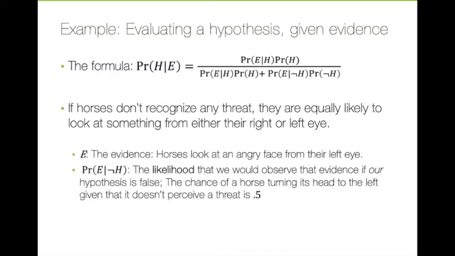The probability of E given not H is the likelihood that we would observe that same evidence, the horses looking from their left gaze, if our hypothesis is false. So the chance of a horse turning its head to the left, given that it doesn't perceive a threat, is 0.5, because they're equally likely to look from the right or left eye.